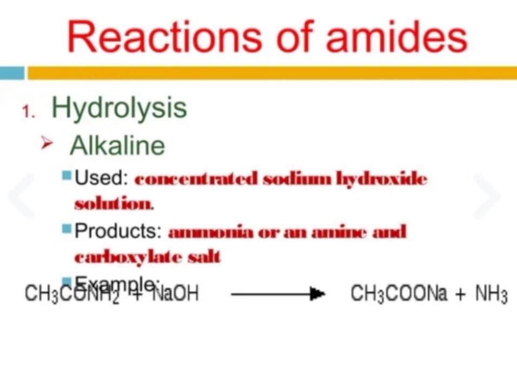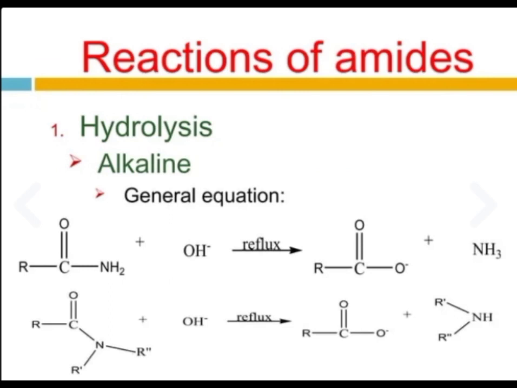That was alkaline hydrolysis, and it is quite different from acidic hydrolysis. Here is the general equation of alkaline hydrolysis. Take an observation and try to understand it. You can also use your phones and search the internet for better understanding and more information.